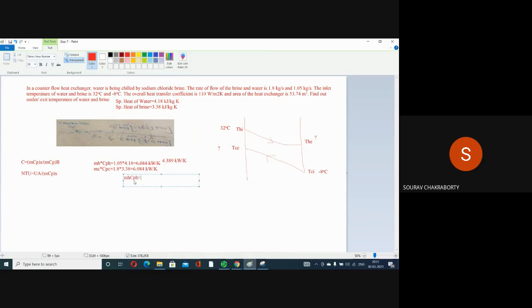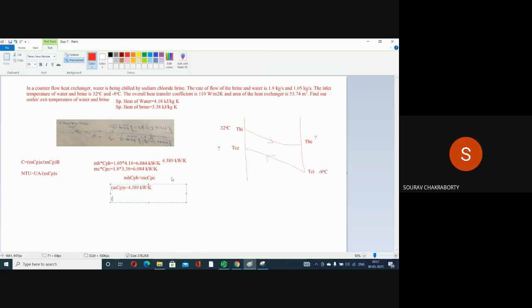So what we can write is that MCPS, the smallest value, is the MHCPH value, that is 4.389 kilowatt per Kelvin.